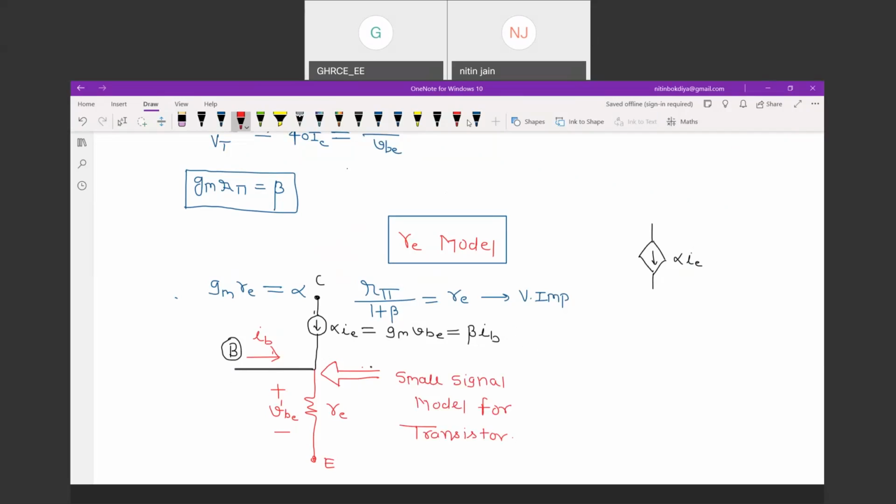And how can we use it? Whenever a resistance is connected at the emitter terminal, we can use this model.